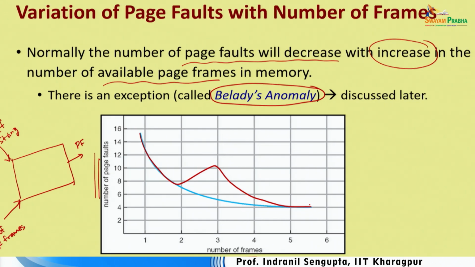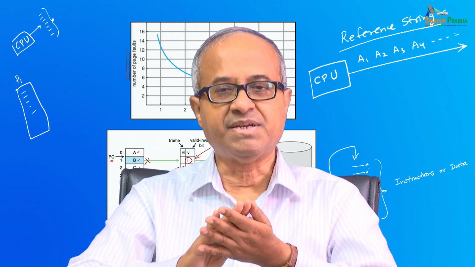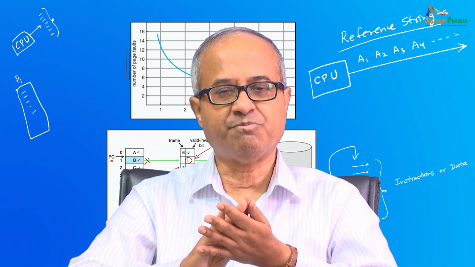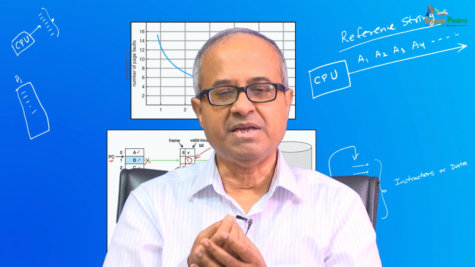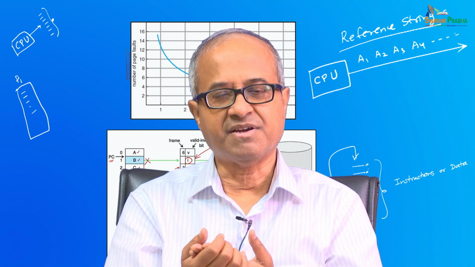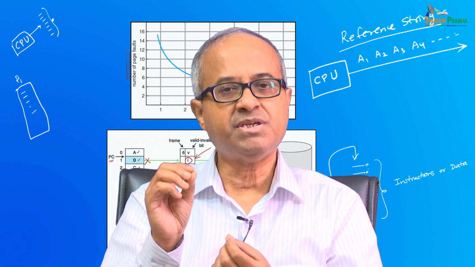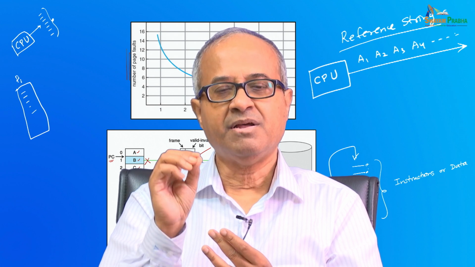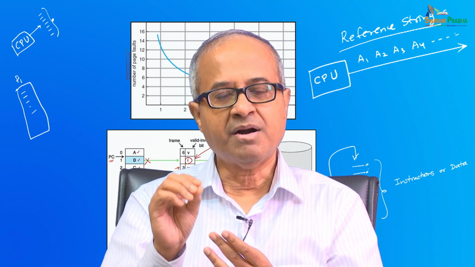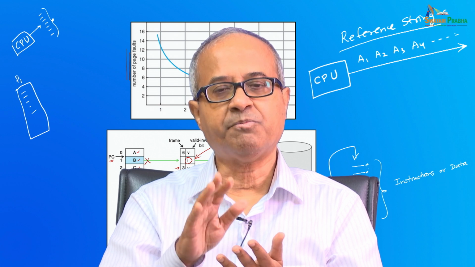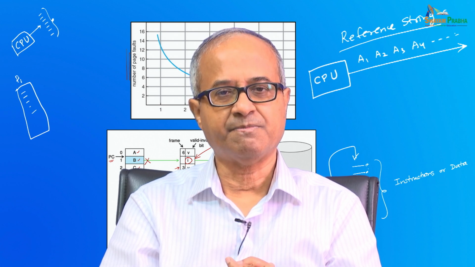So, with this we come to the end of this lecture. If you summarize, we were basically talking about page replacement and page replacement policy here. Victim page, how do you select the victim page? And most importantly, I want to repeat, we are very strongly relying on the property of locality of reference.